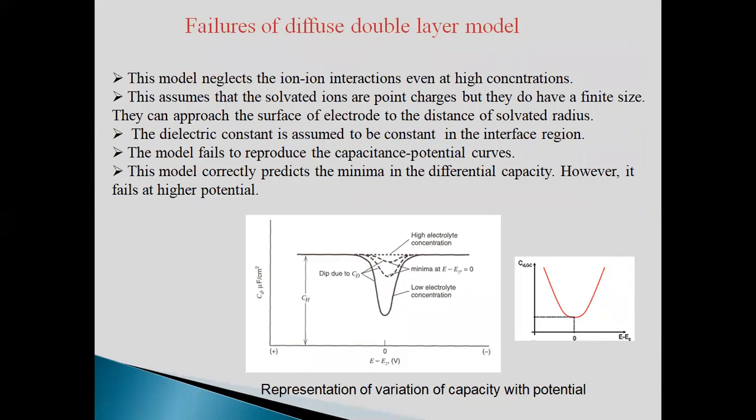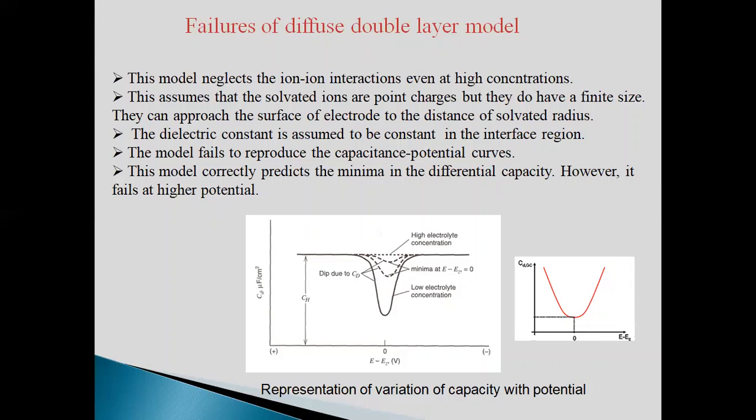So this was one of the most important failures of this model. Another failure is that the dielectric constant is assumed to be constant in the interface region, while it is not so. The model also fails to reproduce the capacitance potential curves that are known as electrocapillary curves.